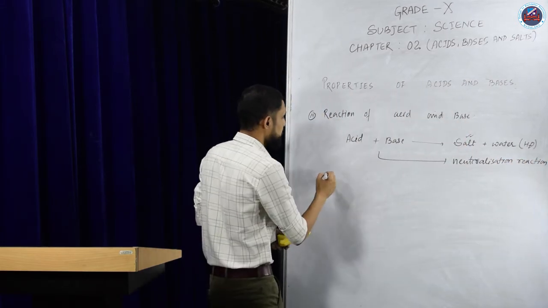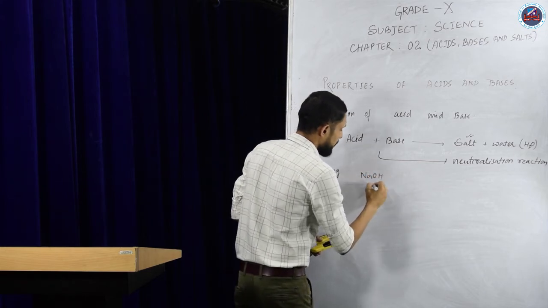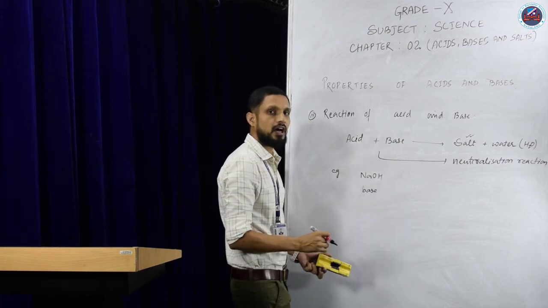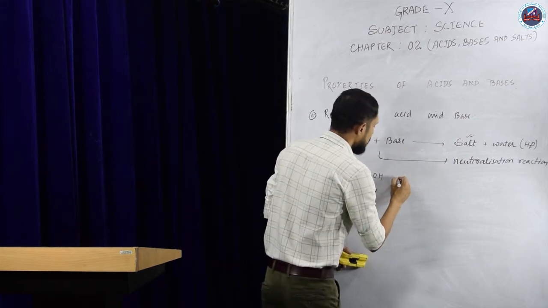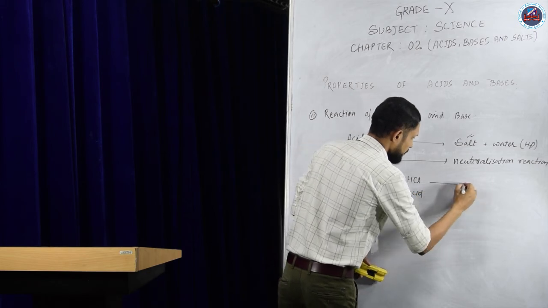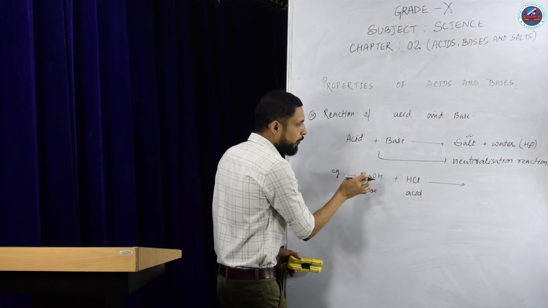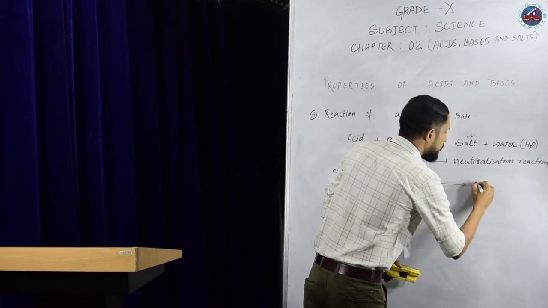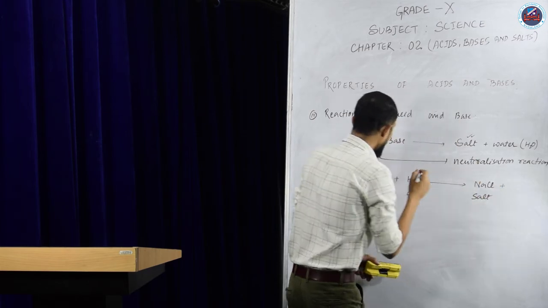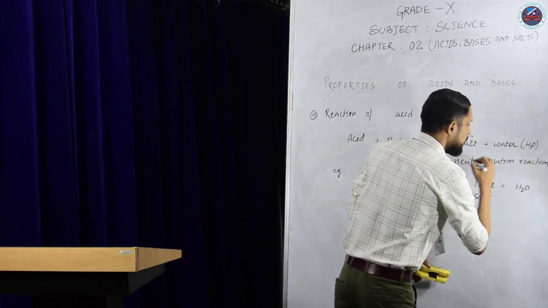Let us take an example. NaOH, which is a base, because it has the tendency to give hydroxyl ion in solution, reacts with an acid, that is HCl. Now we know if NaOH reacts with HCl, Na will first take Cl and will go out as NaCl, which is salt. And OH will take H and will form water, that is H2O.